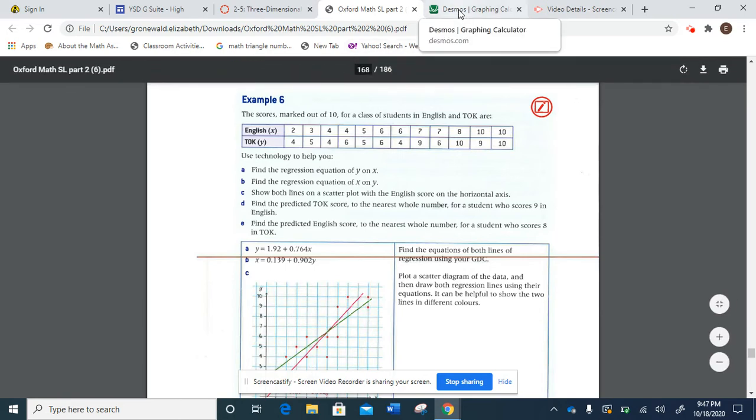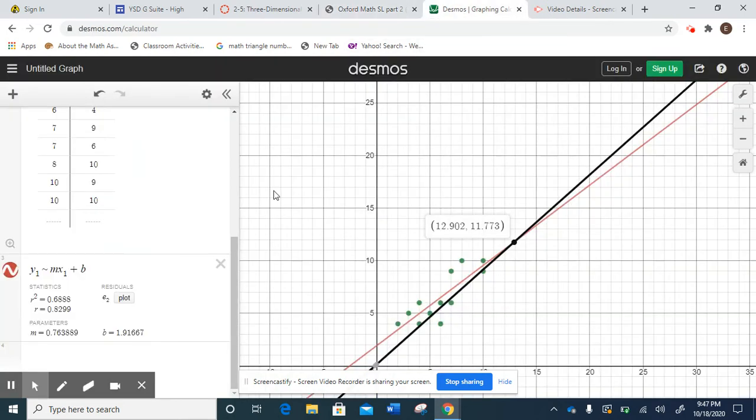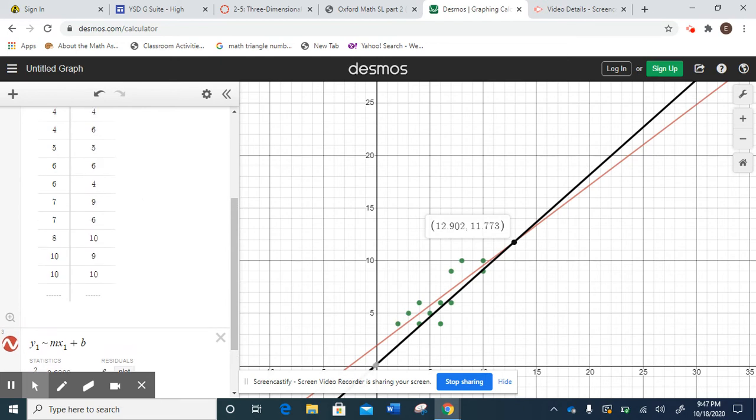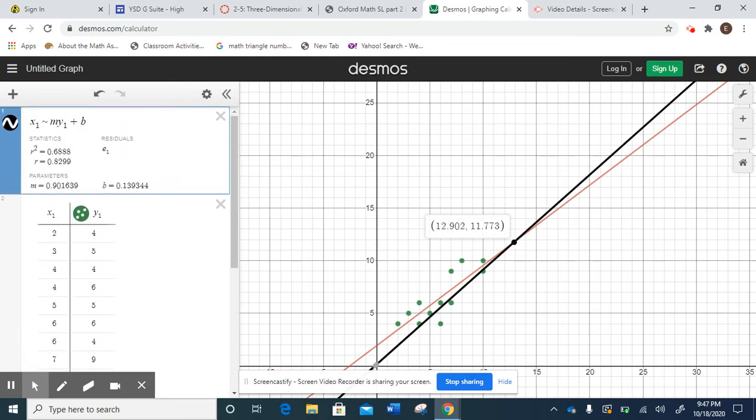If you want to do it the other way, where the x is on y, all you have to do is switch your two variables. So instead of y1 being first, the x1 is going to be first. Then it gives you a new line, right? It gives you a new slope and a new y-intercept. And same thing, you're going to write it backwards.